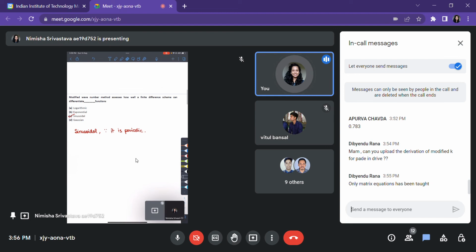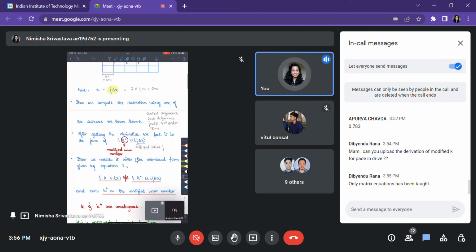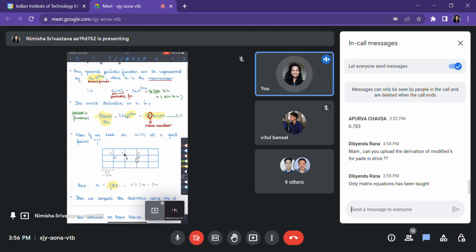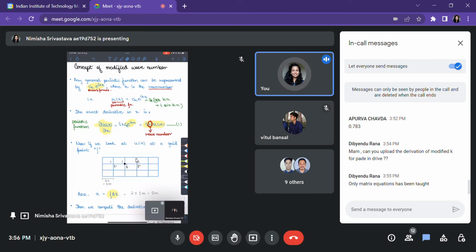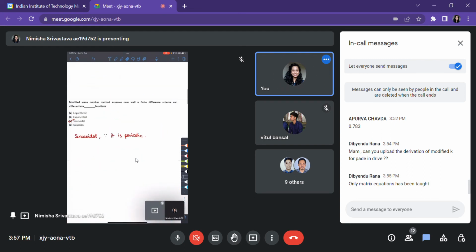Okay, so that is the approach for modified wave number, and it is only a way for us to evaluate whether a scheme is better or worse than the other. As for which of the errors the modified wave number is able to tell, we are able to see from whatever we did in our questions that it is first of all giving us some information about frequency.